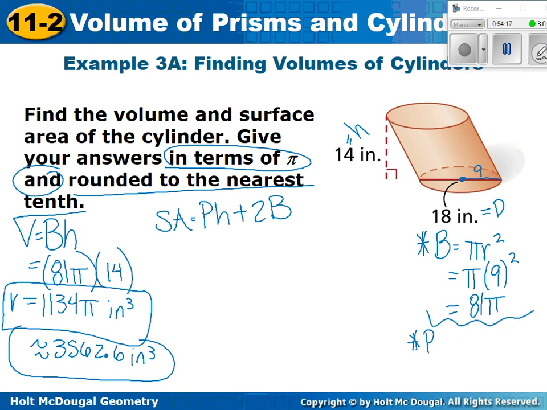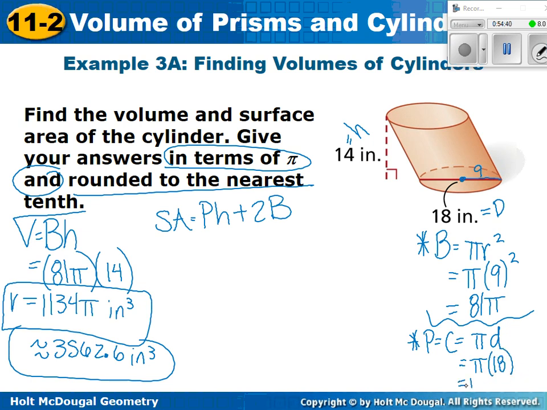And what is our circumference formula for a circle? Pi times diameter, which is pi d, or 2 pi r. It doesn't matter. They gave us the diameter, so it's probably a little easier just to do pi d and plug in 18.